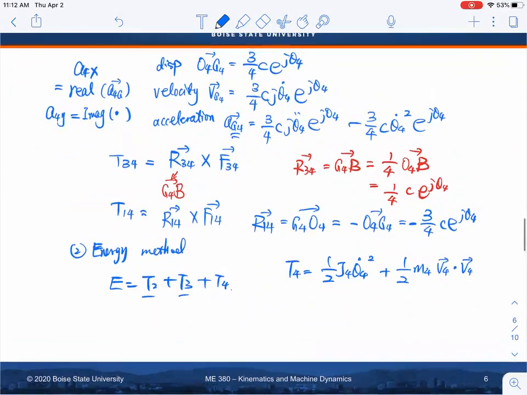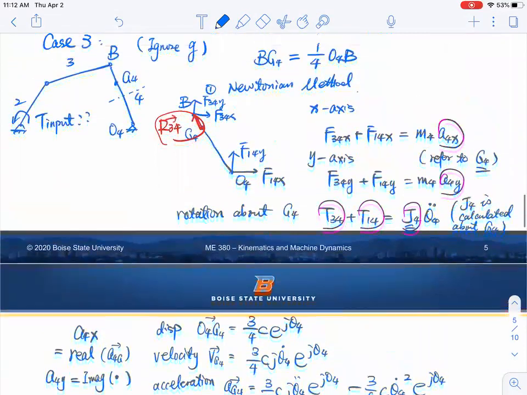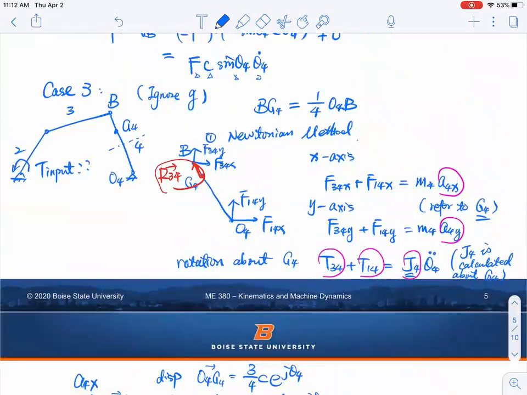So that means your V4 has to be changed as well. Your V4 is no longer the velocity at the center of geometry. It's actually the velocity, let's name it in a different way, of this G4 point.